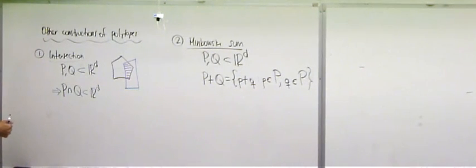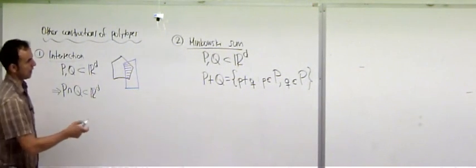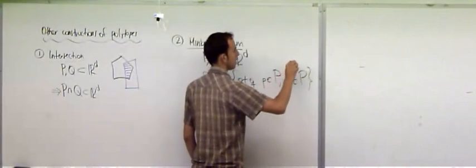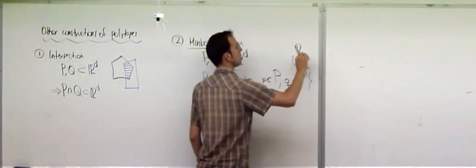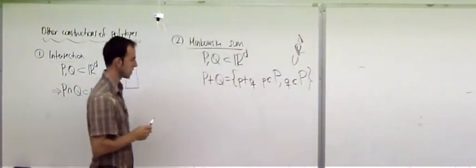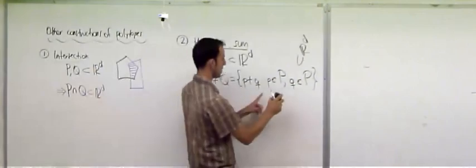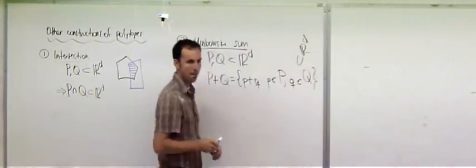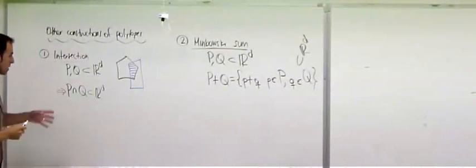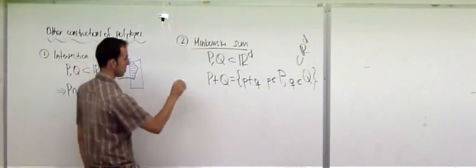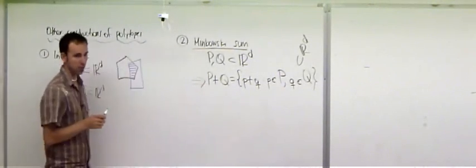This also lives in R^d. Sorry, thank you: p is in P and q is in Q. Again, it's a homework exercise to prove that this is a polytope.